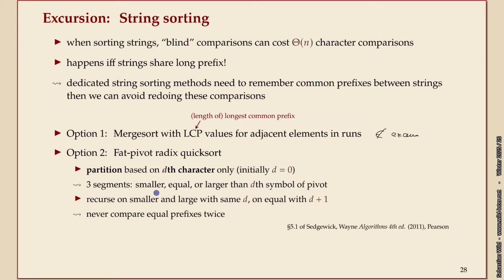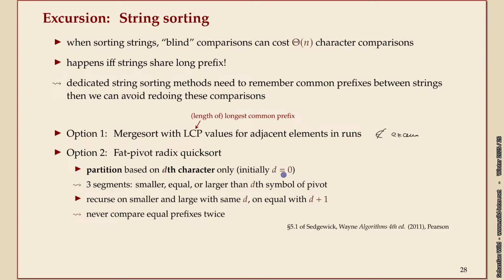They can have a smaller character or the same or a larger character. But we need the three-way split here, unlike standard quicksort where you just have smaller, larger. Here we need all three. Then on the smaller and larger, I do a recursion just as for quicksort. But on those that have the same dth character, I'm going to skip that character in the recursive call.